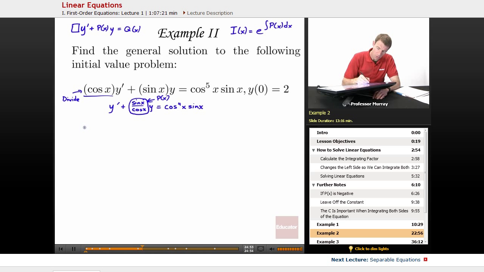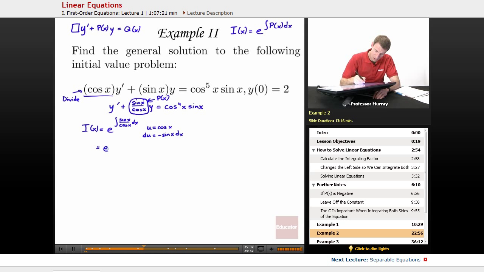And so what we get here is the integrating factor, I of x, is equal to e to the integral of sine x over cosine x dx. And so in order to integrate that, I want to do a little substitution. Of course, you could remember what the integral of tangent x is, but I'm not going to assume that. We're going to use u is equal to cosine x, and then du would be negative sine x dx.